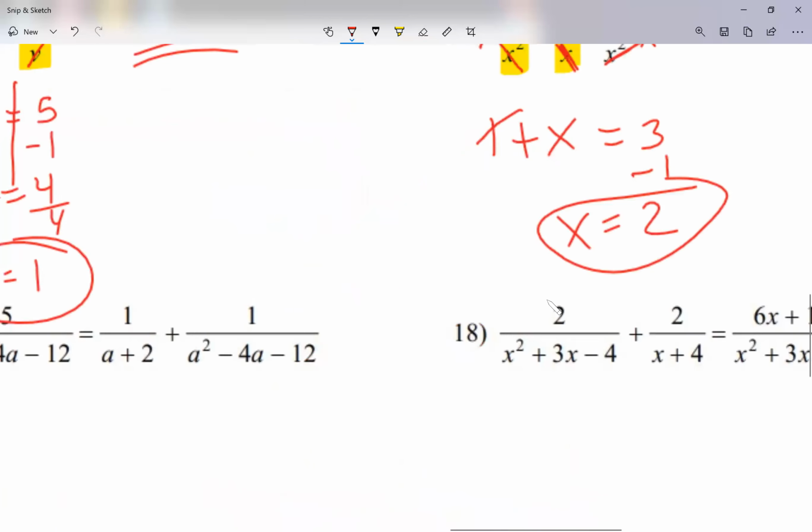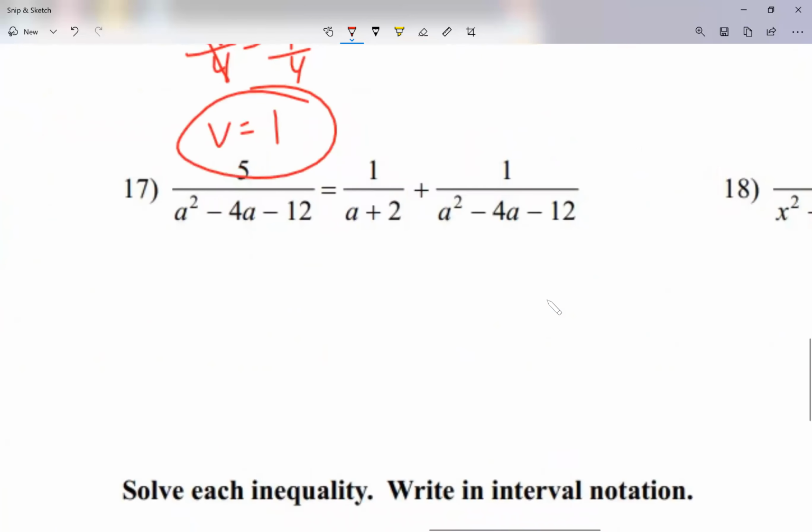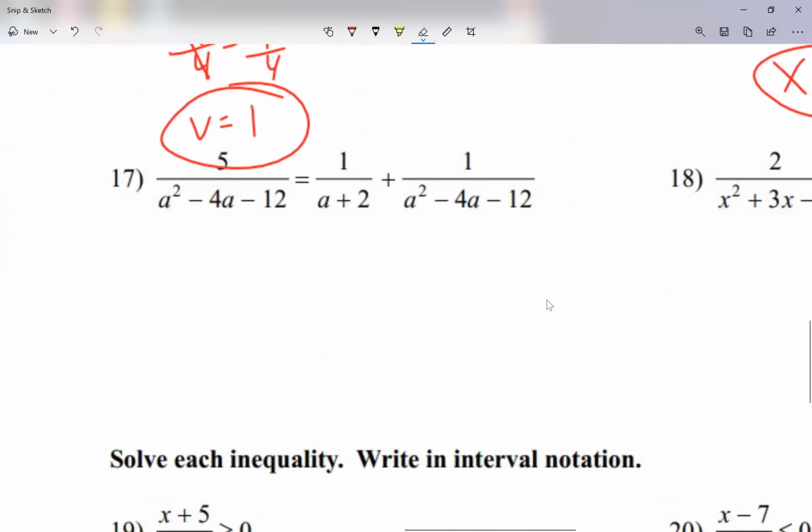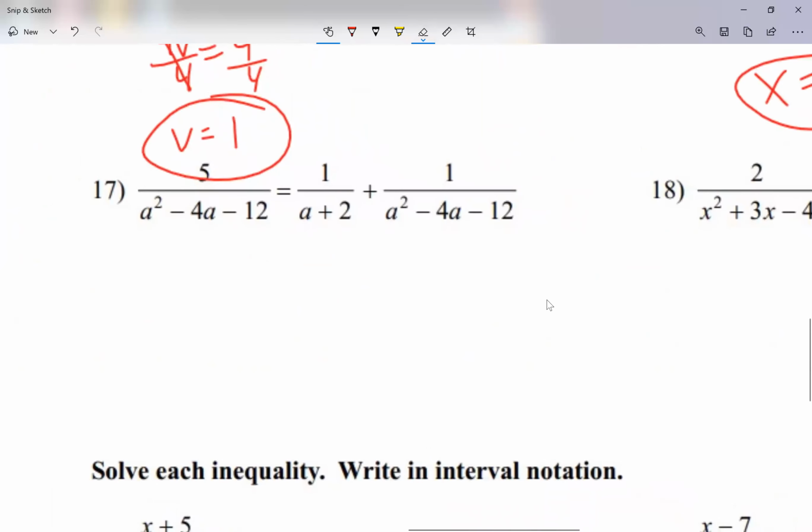Now let's pick it up a notch. Let's take a look at number 17. First of all, let me factor things out. We saw Monday, in the video called Factoring, how to factor. So we know how to factor already. Looking at my first denominator, I'm looking for two numbers that multiply to -12 but add to -4.